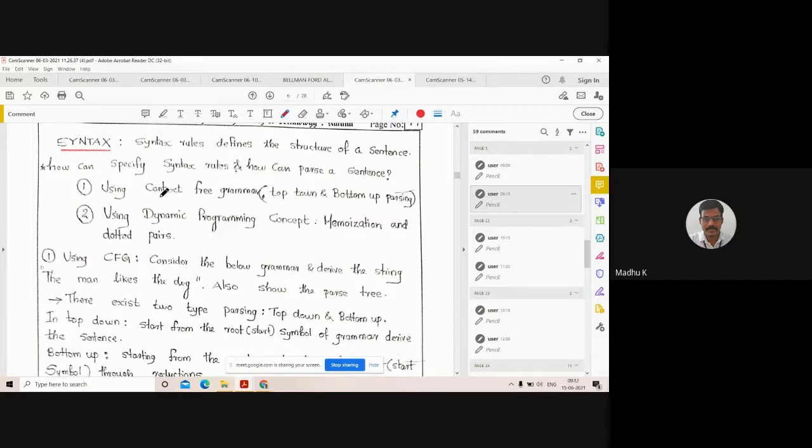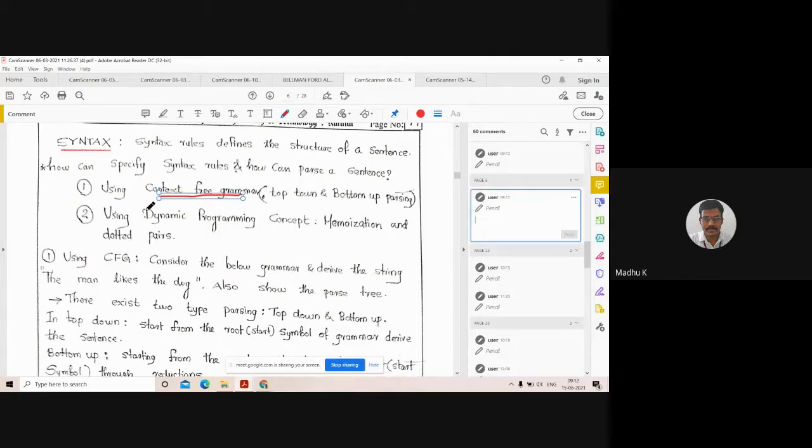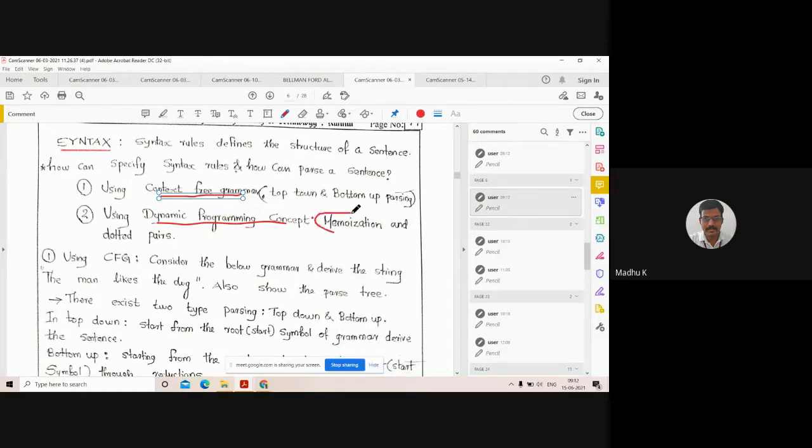In that we studied probabilistic context-free grammar and lexicalized context-free grammar. Another is using the dynamic programming concept, which uses the memoization concept. That is, intermediate results are stored and used in the future. Using that concept, we can parse a sentence.